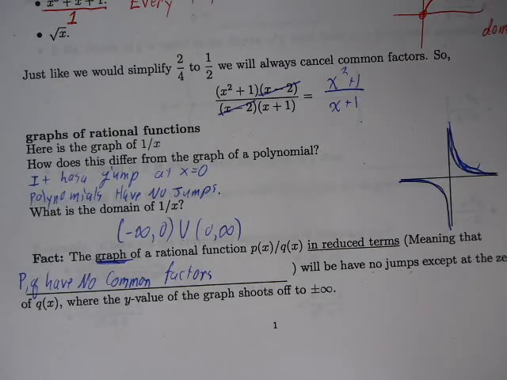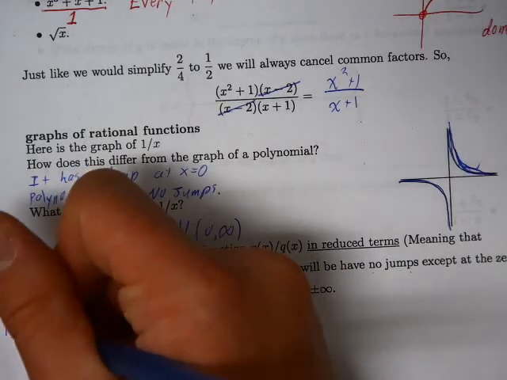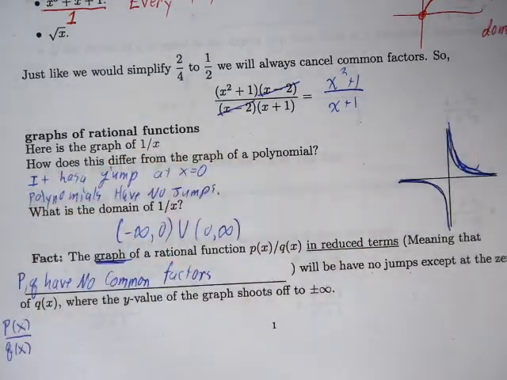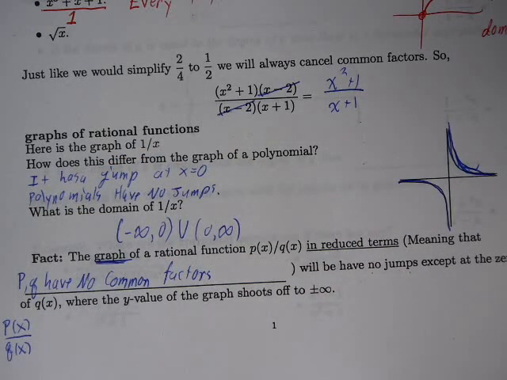So let's also say one other thing about domains. If I want to study something that looks like p of x over q of x, well, p and q are both polynomials, right? What's the domain of a polynomial? Everything from minus infinity to infinity you can plug into a polynomial.